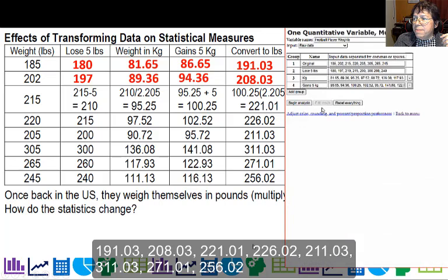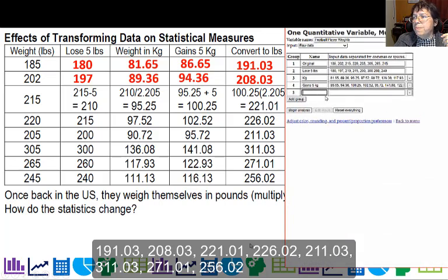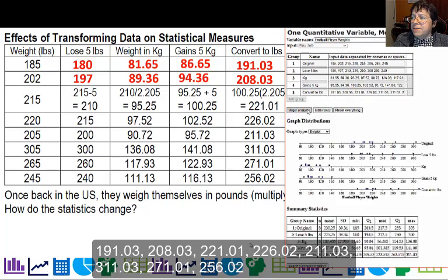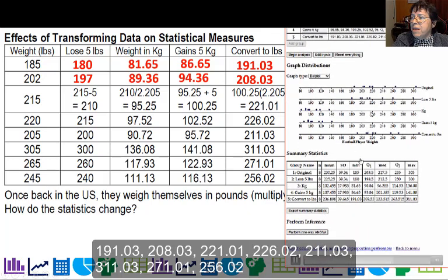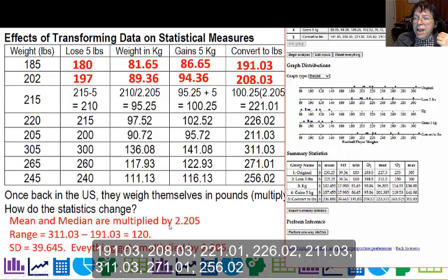And so I edit my inputs, add another group, which is convert to pounds, put in my data, begin analysis, and you can see that the dot plot has shifted all the way over to the right again because I multiplied all these data points by roughly 2, and it has double the spread. So it should be that everything is changing. See how the standard deviation changed there? All these other numbers changed. And when I calculate the range, instead of the 54, it's now the 120.